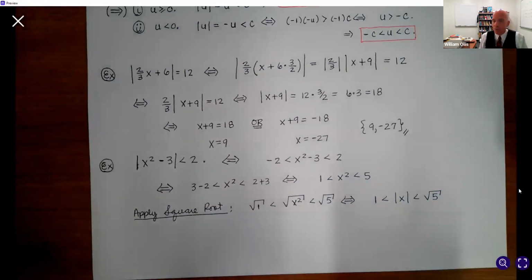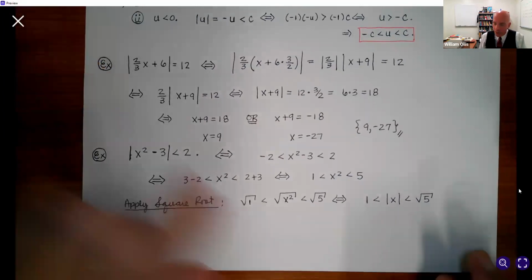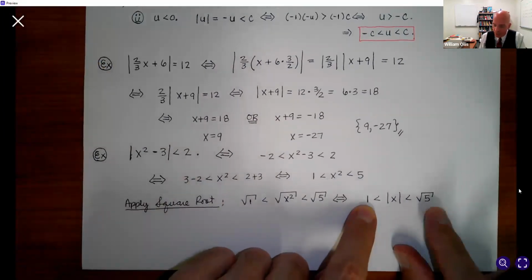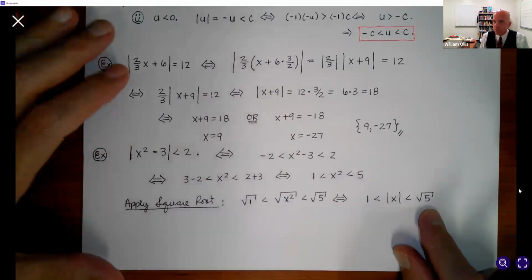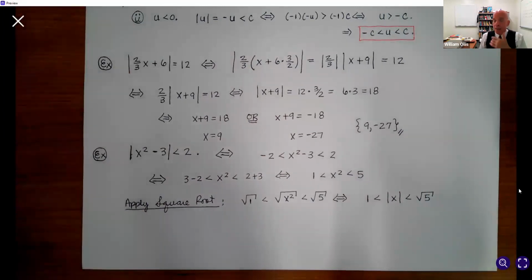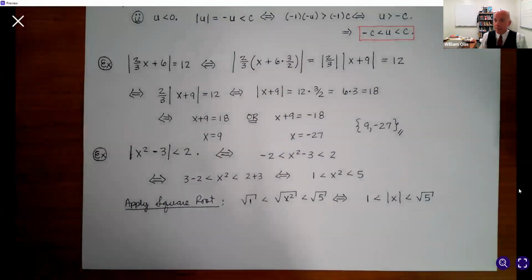Now you can see why we're forced to look at this inequality and this one, because we have the absolute value, which necessarily takes into account the sign of x.